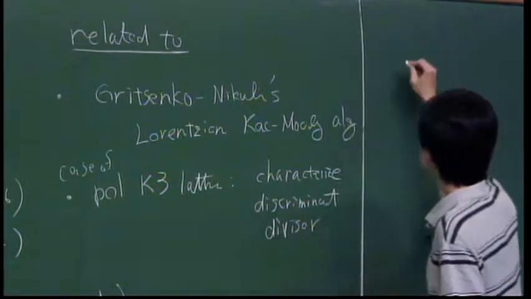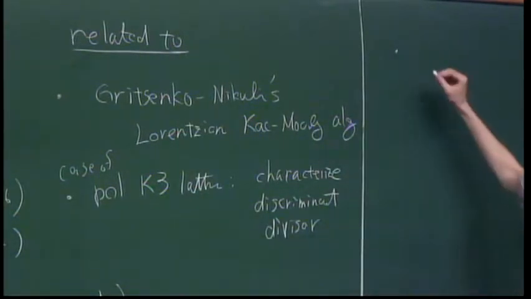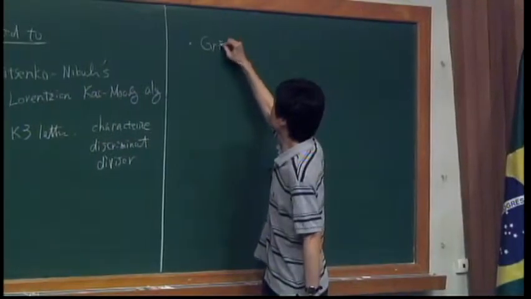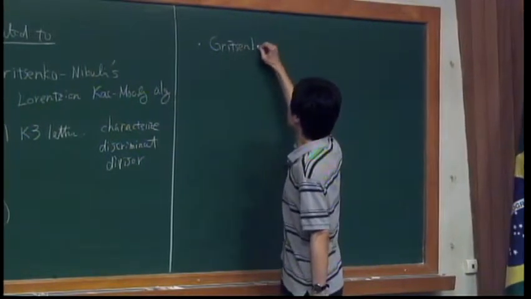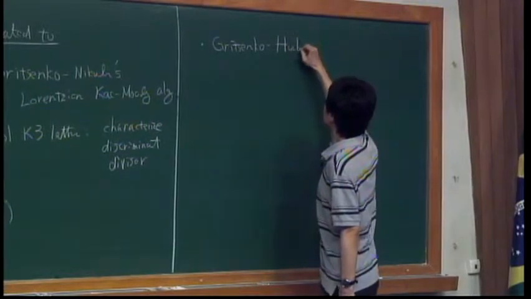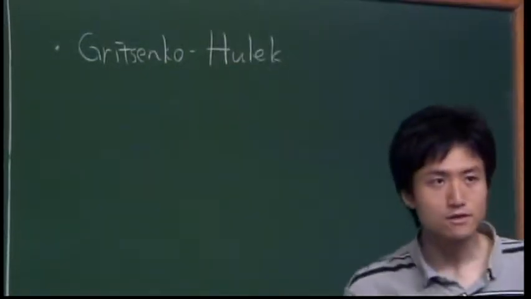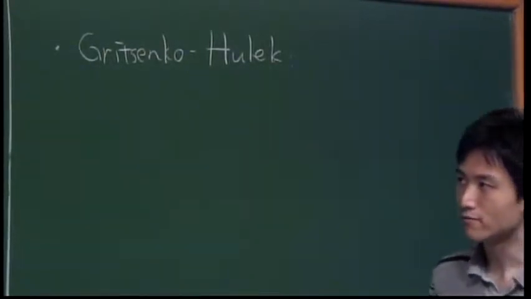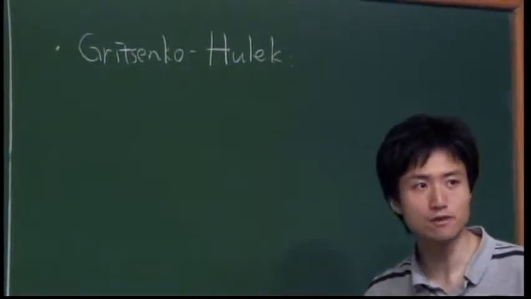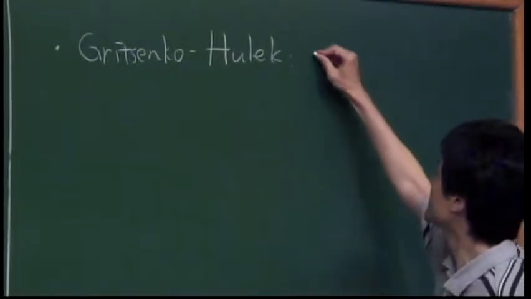And also, there is some recent work of Gritsenko and Hulek that the existence of some reflective modular forms implies uniruledness of the modular variety.